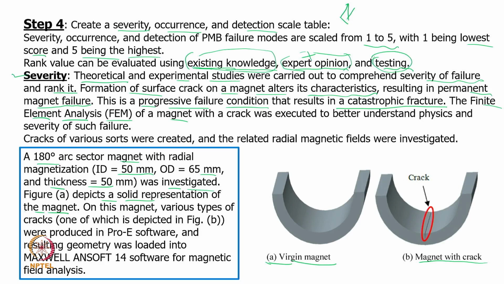So, we did that, and various types of cracks, as shown here, were depicted on this magnet. The ProE software was used to make a 3-dimensional model, and then we used Maxwell and Soft 14, which is especially used for magnetic field analysis, to analyze and come up with the results.